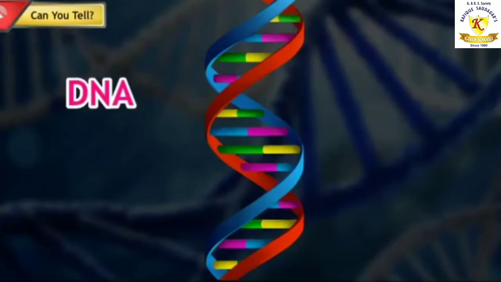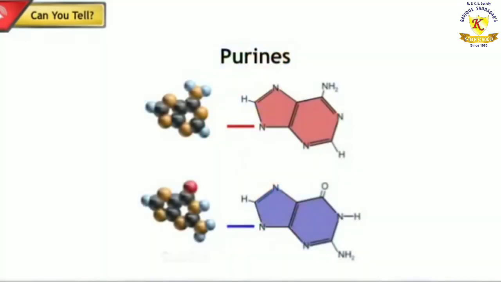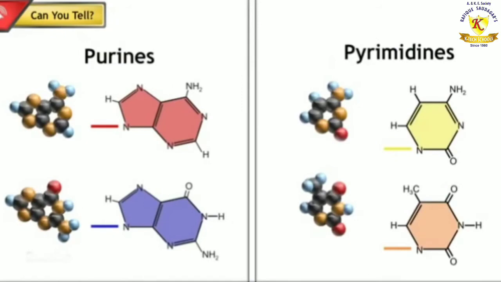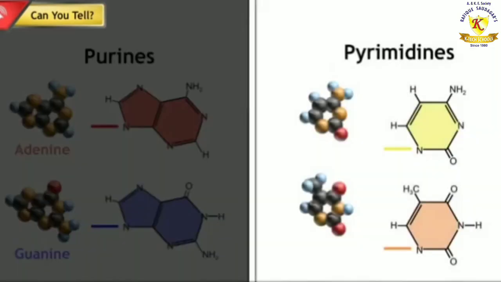Now these nitrogenous bases are of two types: purines and pyrimidines. The purines are of two types: adenine and guanine, and pyrimidines are of two types: cytosine and thymine.